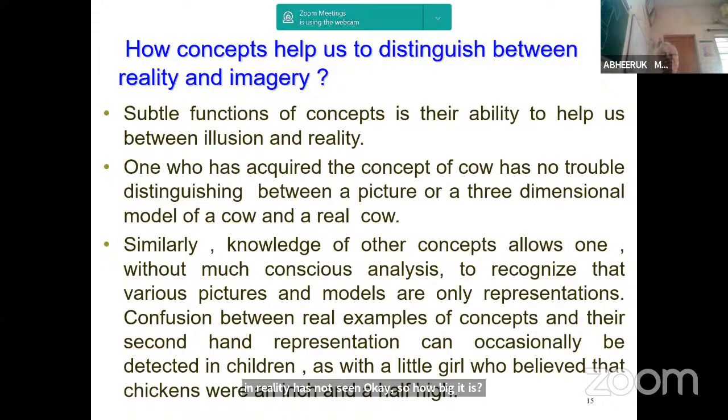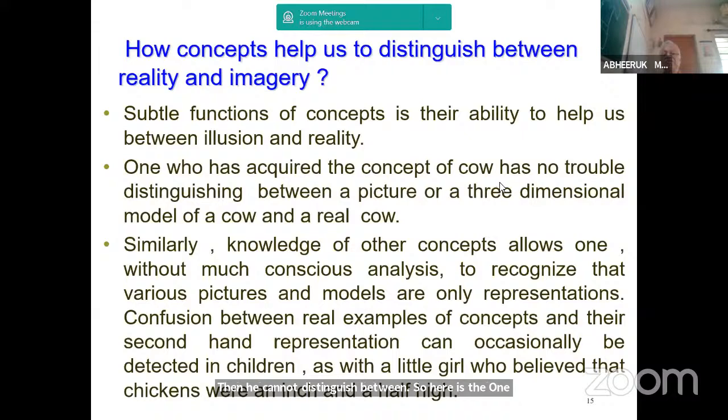This thing happens for small children also. Suppose a chicken, hen or cat: in a colored picture, he has seen it and says this is the cat. But if he has not seen an actual cat, he cannot distinguish between them. So here is the concept.